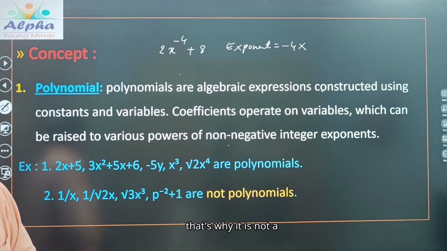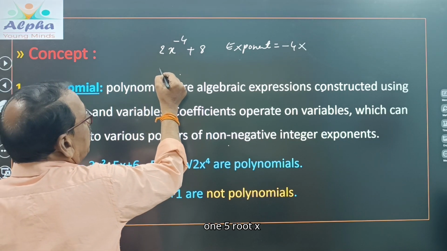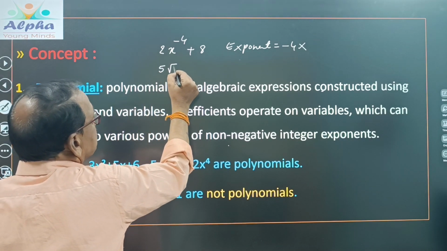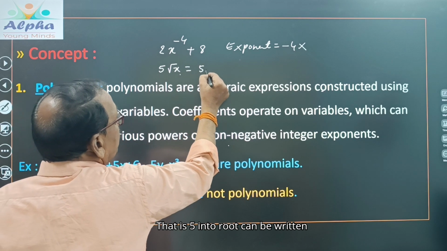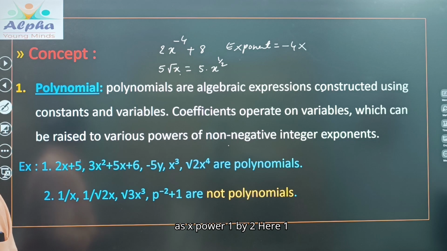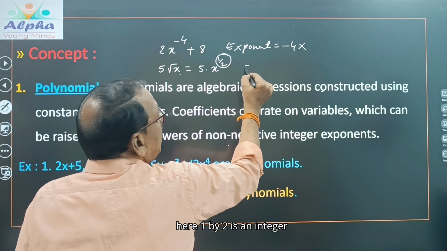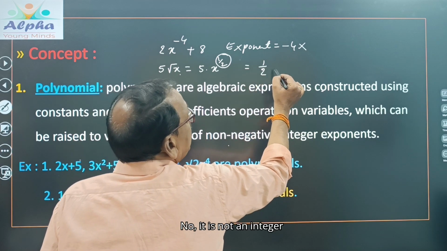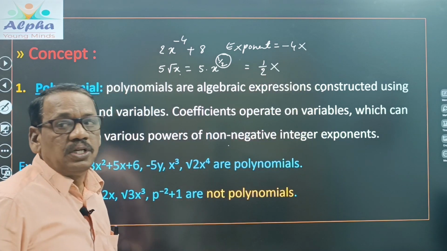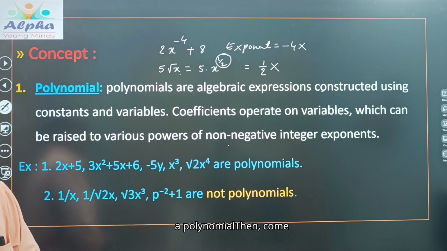So that is why it is not a polynomial. Then come to the next one, 5 root x. That is 5 into root x, which can be written as x power 1 by 2. Here 1 by 2 is not an integer. So it is not a polynomial.